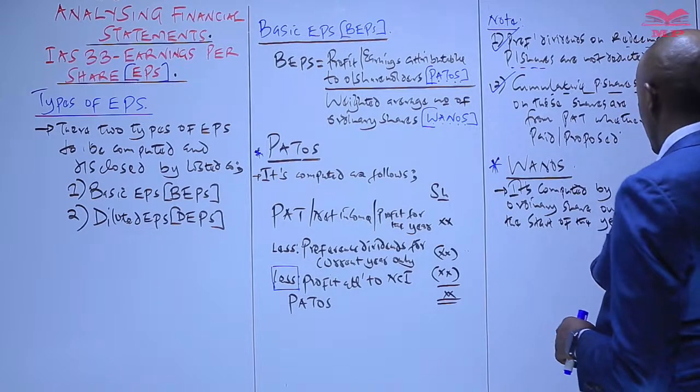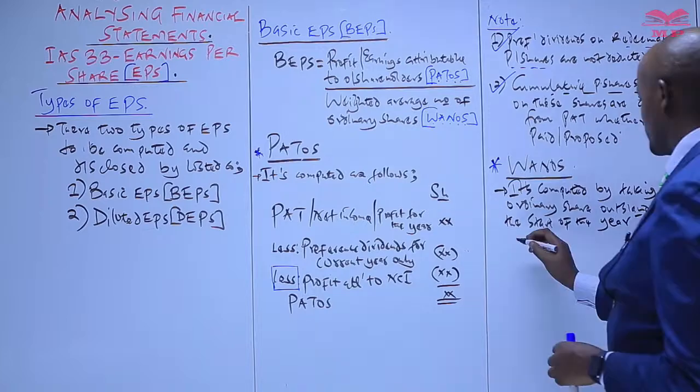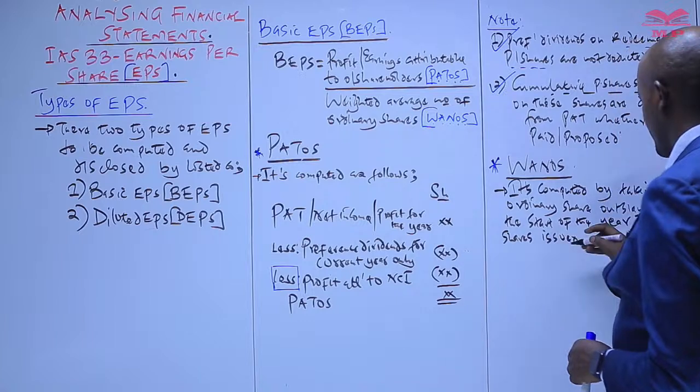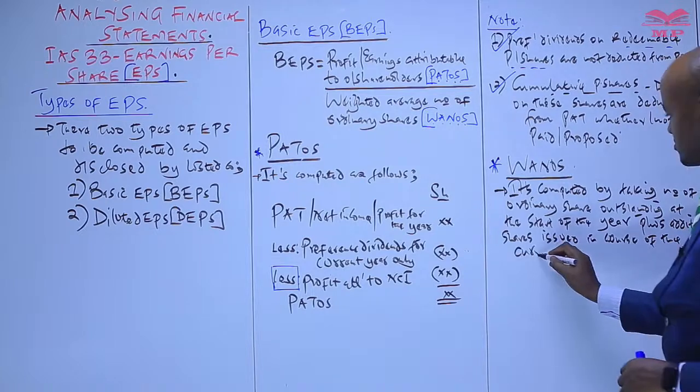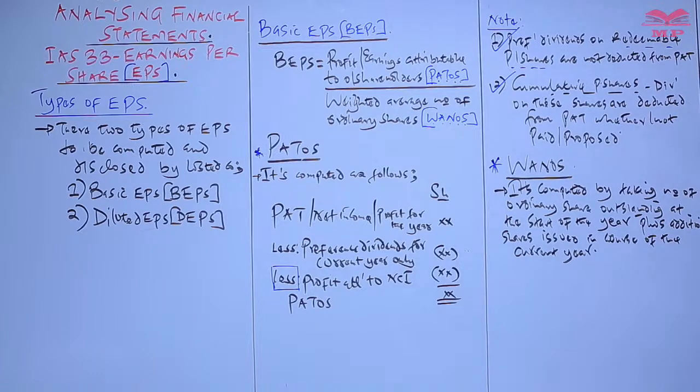In this case, when we talk about shares outstanding at the start, we are talking of ordinary shares issued and fully paid at the start of the year, taking ordinary shares outstanding at the start of the year, plus additional shares issued in the course of the current year. So that's how we compute the weighted average number of ordinary shares.